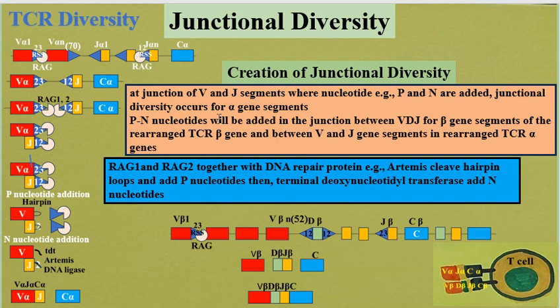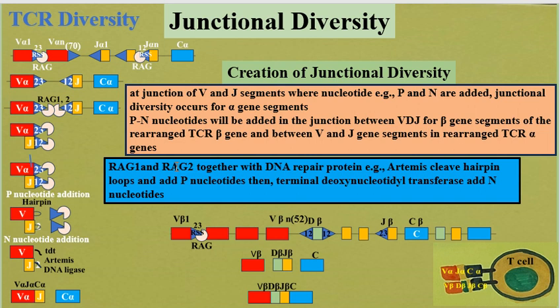This is the junctional diversity that occurs for alpha gene segments. P and N nucleotides will be added at the junctions between V, D and J, and this is for the beta gene segments of the rearranged TCR beta gene, and between variable and joining gene segments in rearranged TCR alpha genes.